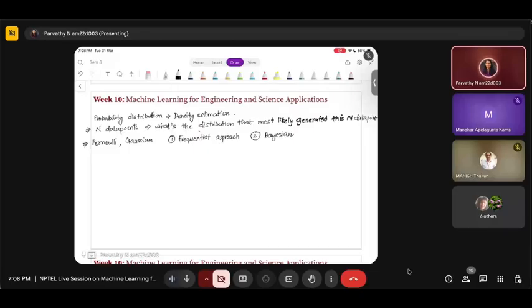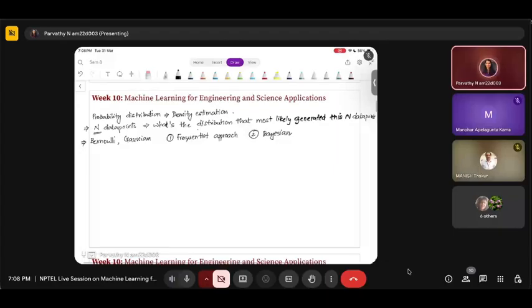In the first approach, for example, when we consider the Gaussian distribution, we have the mean and the variance as the parameters, but we don't know what the values of those parameters are for our data set.